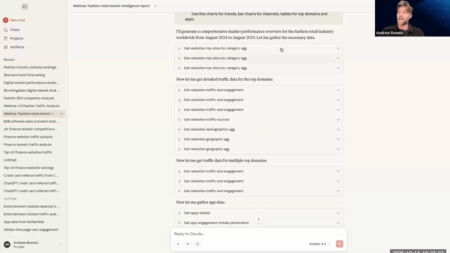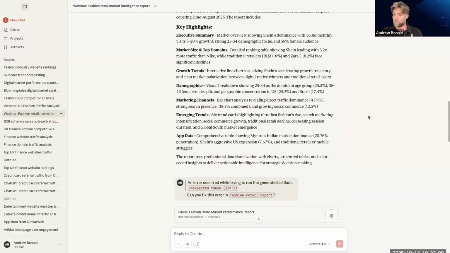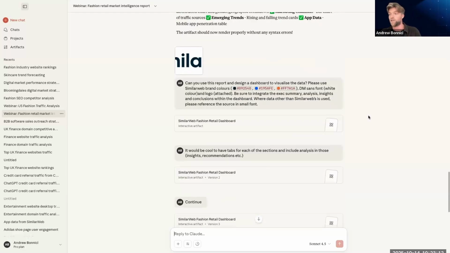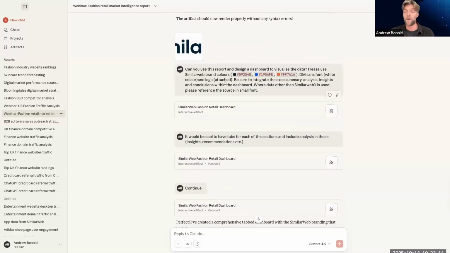But yes, if we come down into here, it's going through the very similar process. And what you can also do is if you want something a little bit more interactive and executive ready, I've used a prompt in here where I've said, design me a dashboard with all of our branding in and ensuring it has different tabs.